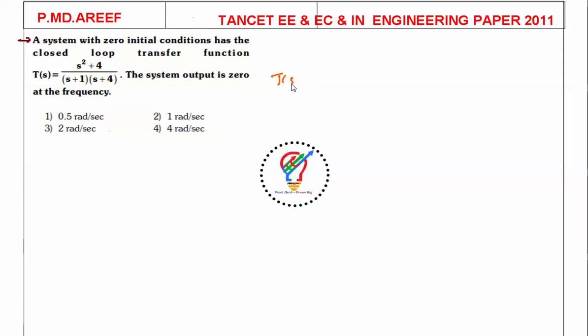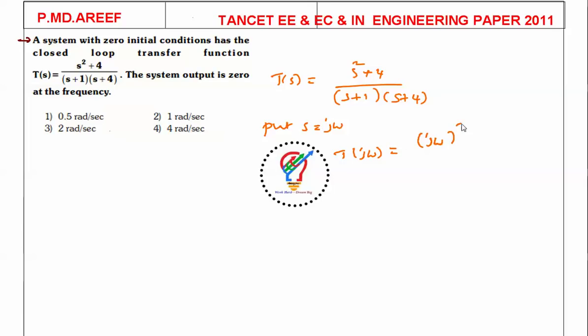So T of s is equal to s squared plus 4 divided by s plus 1 into s plus 4. We need to find the frequency, so put s equal to j omega. T of j omega is equal to j omega whole squared plus 4 divided by j omega plus 1 into j omega plus 4, which is equal to 0.